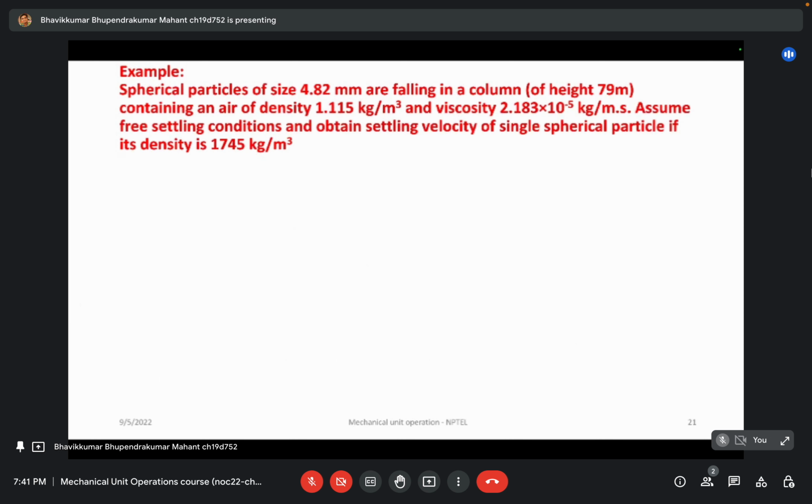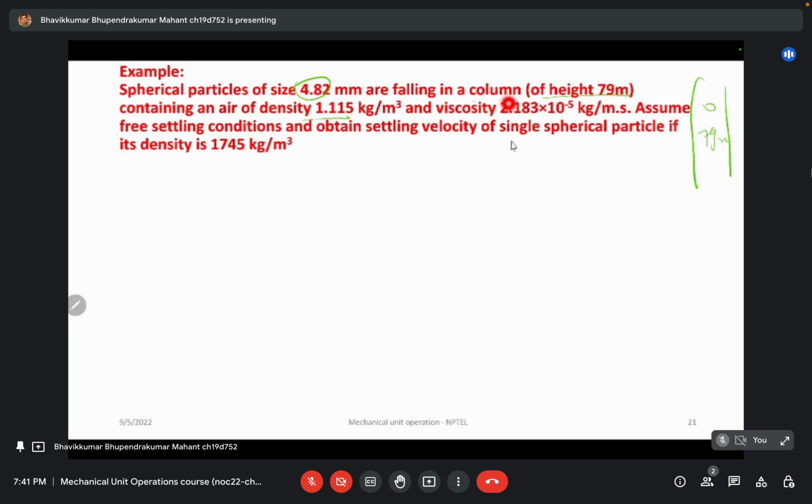Now there is another example in which spherical particles of size 4.82 millimeter diameter are falling in a column of height 79 meter. The column contains air, and the density of the air is 1.115 kilogram per meter cube.